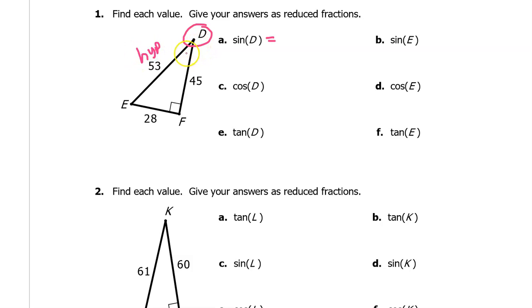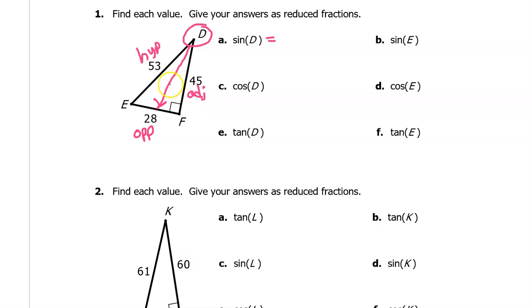Now, we've circled angle D. Across from angle D will be the opposite leg. And then the other leg is the adjacent leg. By the way, I'm using this word leg all of a sudden. You've got the hypotenuse. The other two sides are called legs. So every right triangle has a hypotenuse and two legs.